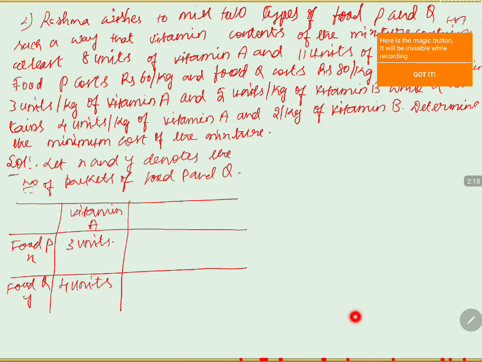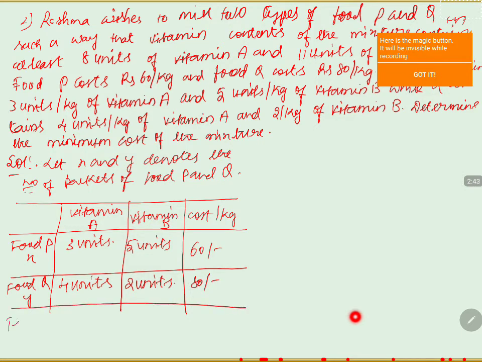Now we'll go to vitamin B. In the case of vitamin B, we can see 5 units for food P, and here it is 2 units. Similarly, we can write the cost per kg also: 60 rupees per kg here, whereas here it is 80 rupees per kg. And here is the total.